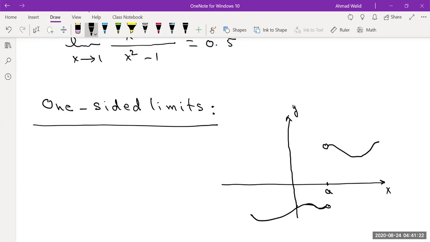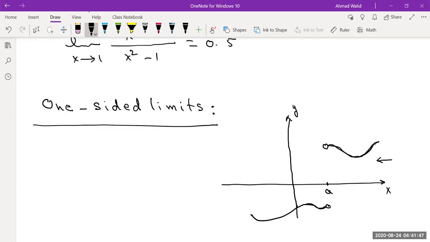The limit you can see in this graph very, very easily. If you move from the right side, correct? If your X moves from the right, or approaches A from the right, look at my cursor. It goes really, really, really close to where?